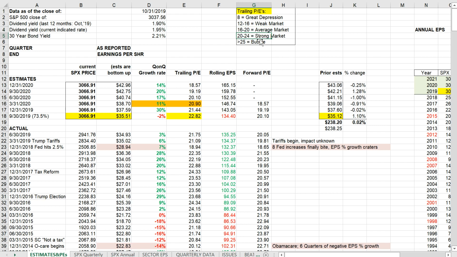So I would put it between average and strong. We were in a much stronger market in prior years, like 2017, where the forward and the current were both in the 20s. So this tells me that there's room for the market to go higher.